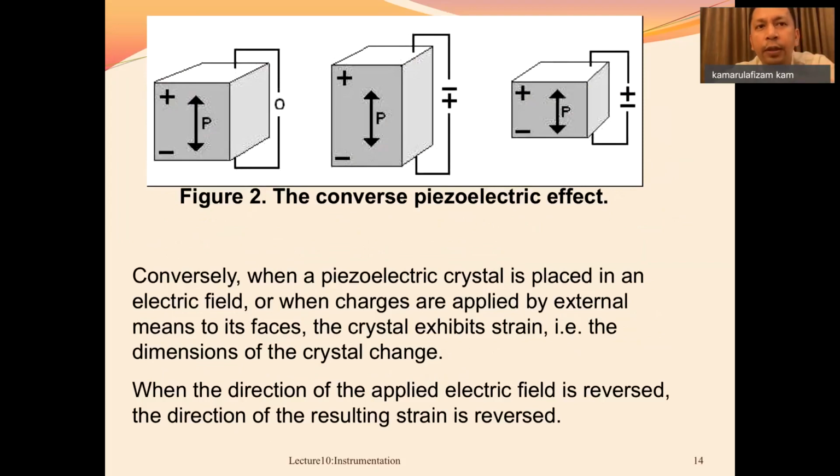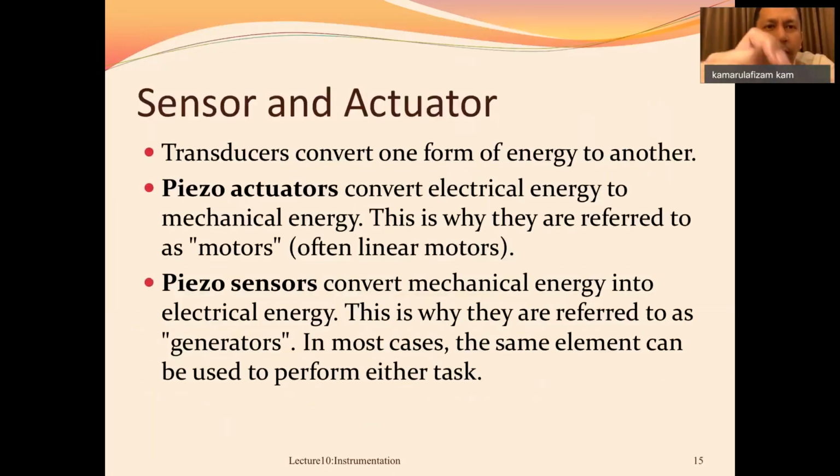When you give electricity from this polarity, the piezo material will expand. When you change the polarity, the piezoelectric will contract, and this expand and contract activity is vibrating the diaphragm on the speaker, and from that vibration of the diaphragm, you are getting sound from the speaker. So this is how you use piezo material as a speaker.